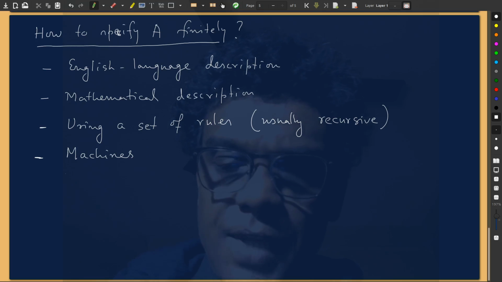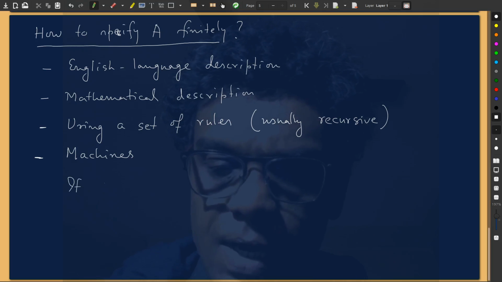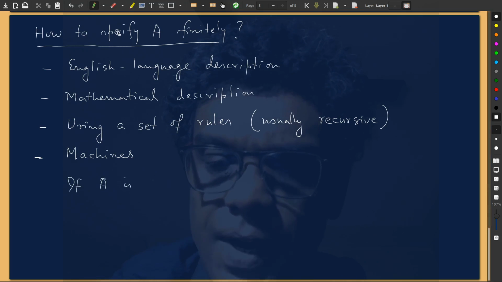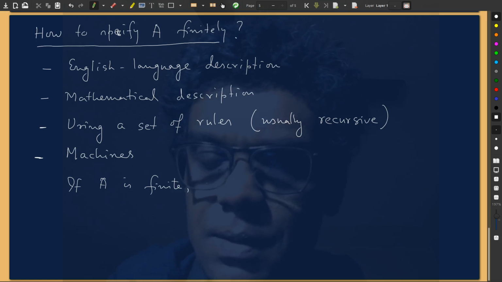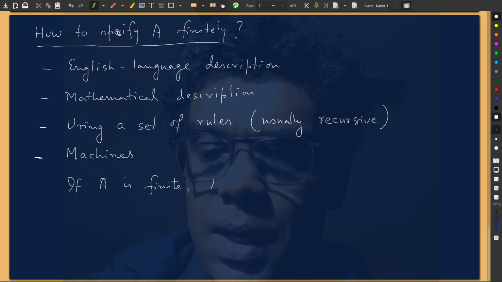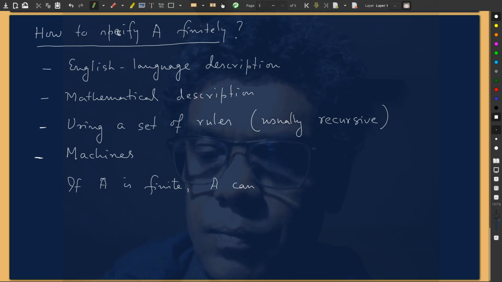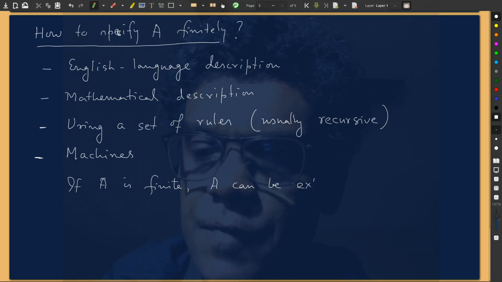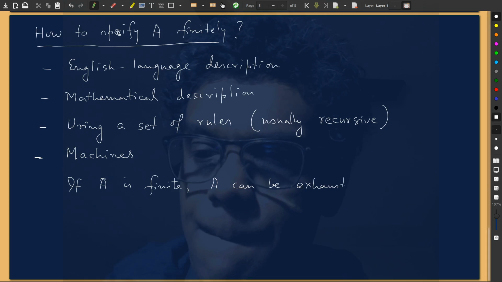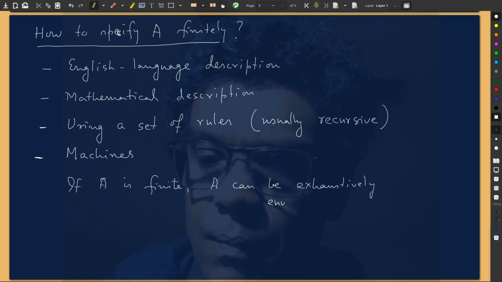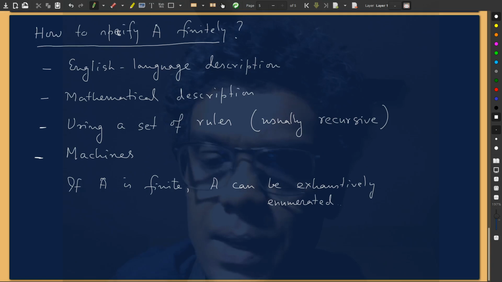First of all, note that if A is finite, a finite set, then A can be exhaustively enumerated. Okay.